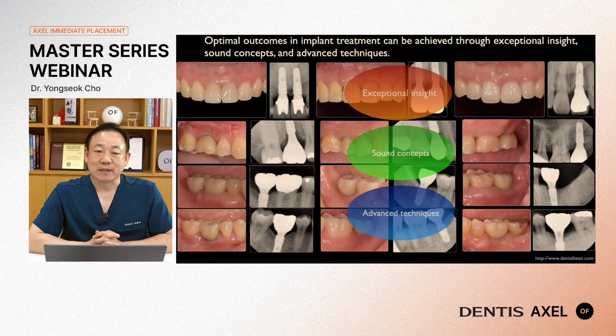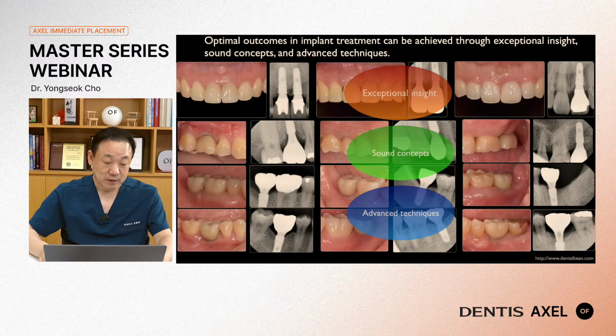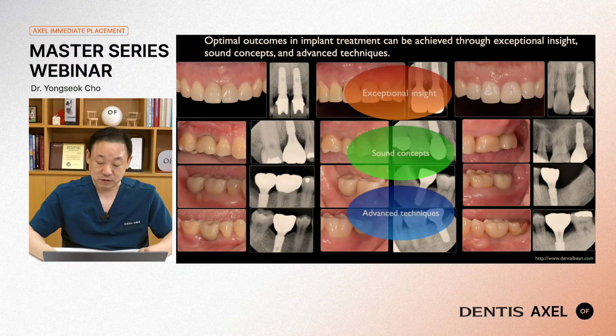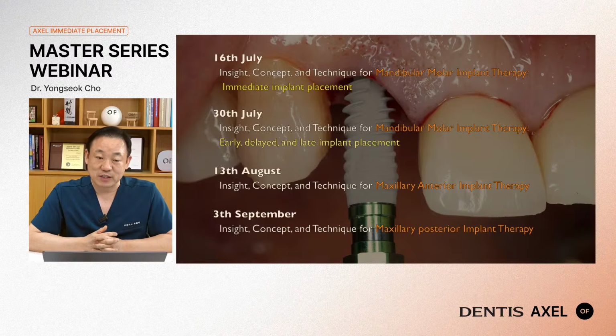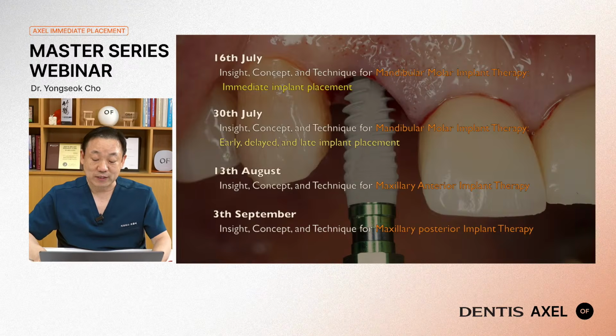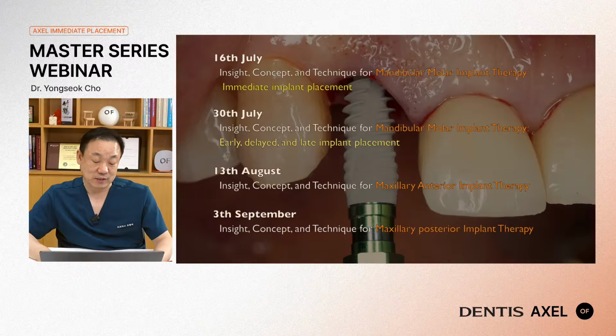Optimal outcome in implant treatment can be achieved through exceptional insight, sound concept, and advanced technique. In this four-part online lecture series, I would like to share the insight, concept, and techniques I have developed through many years of clinical experience in implant dentistry.